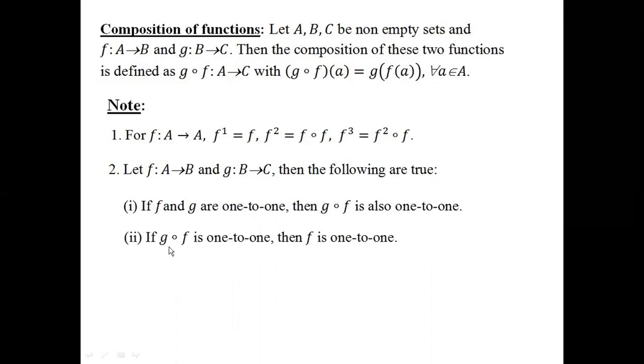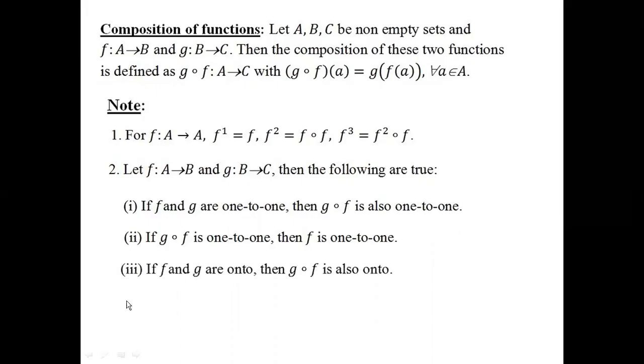Secondly, if g composition f is 1 to 1, then f is 1 to 1. So these are some of the properties which we'll be in need of while we take up the problems. So suppose g composition f is 1 to 1, then f is said to be a 1 to 1 function.